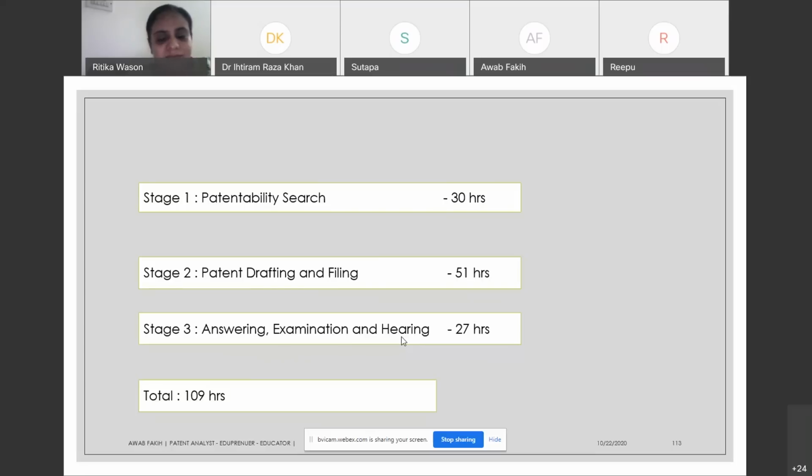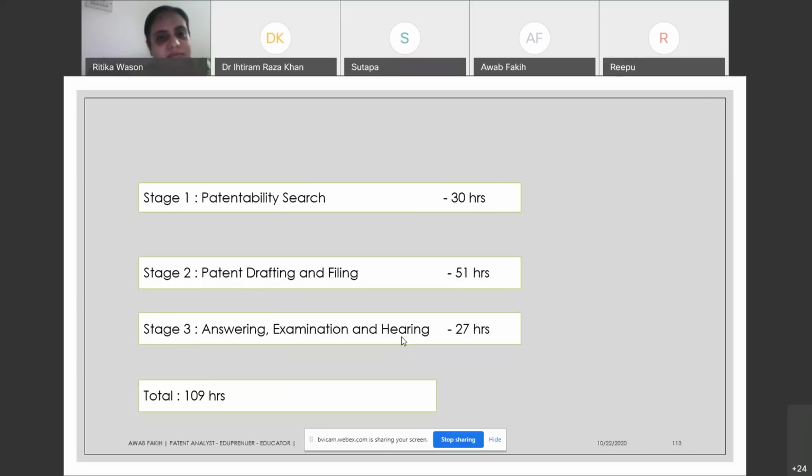So if we talk about an expert, for example an expert patent agent, an expert patent attorney or a patent analyst, if he's spending 109 hours, just imagine a professional will charge 1,000 rupees per hour as a minimum, in the worst-case scenario. So that's the reason the charges for a patent go up to 1 lakh rupees.